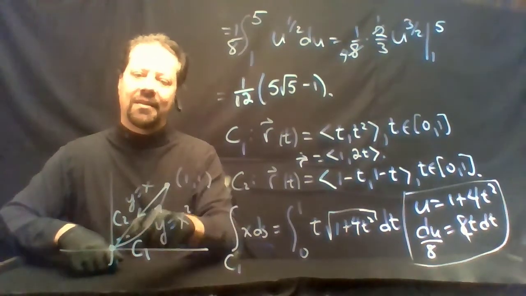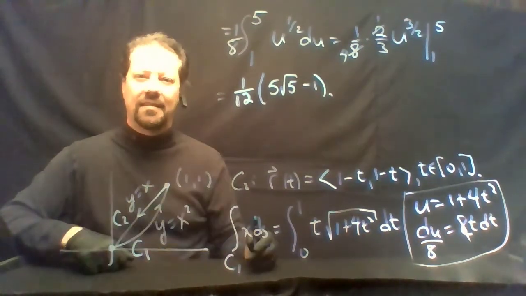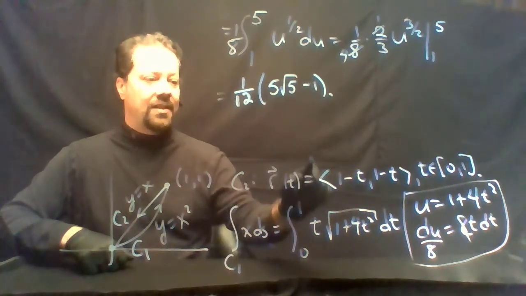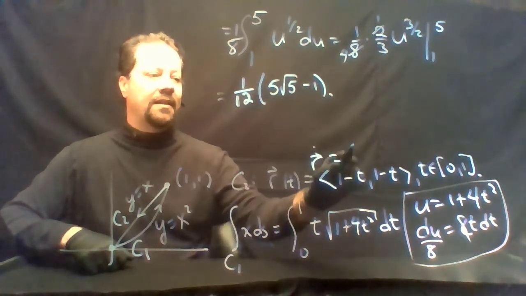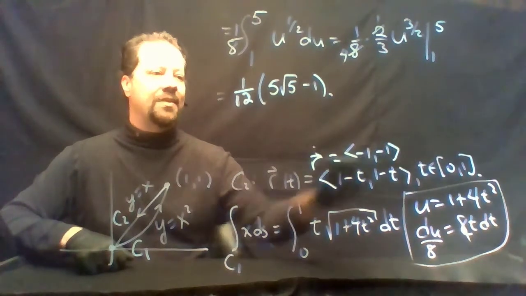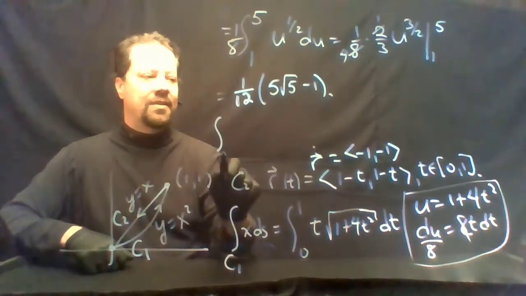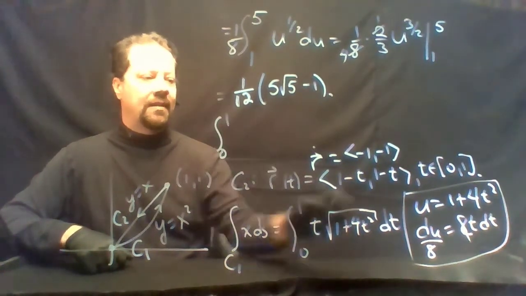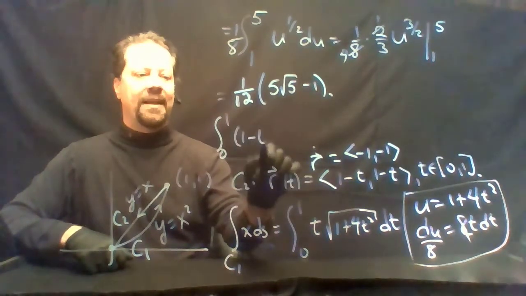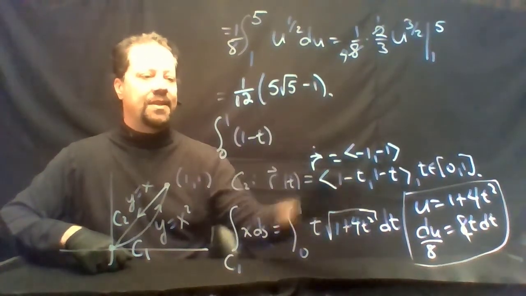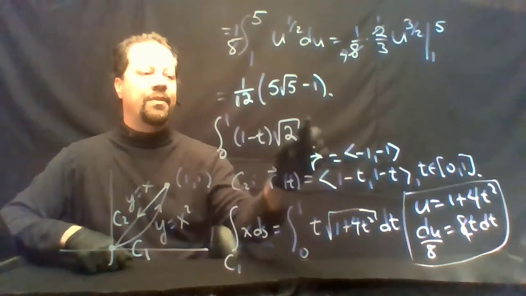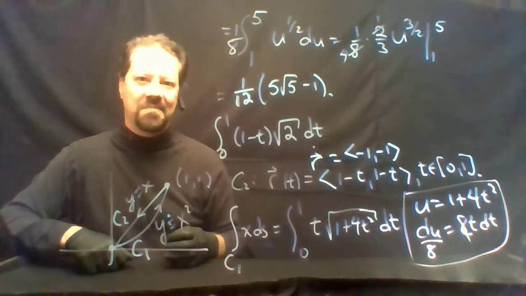Now we have to do the integral on the second piece. On C2, r dot is -1, -1. So we'll integrate from 0 to 1, x, which is 1 minus t, times the speed, which is the square root of 2 times dt.